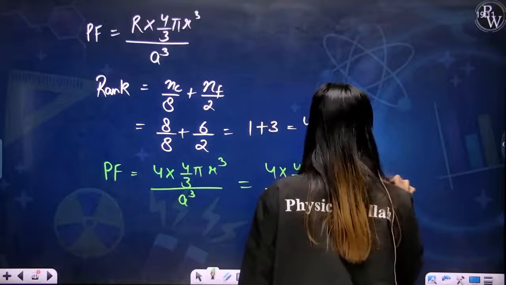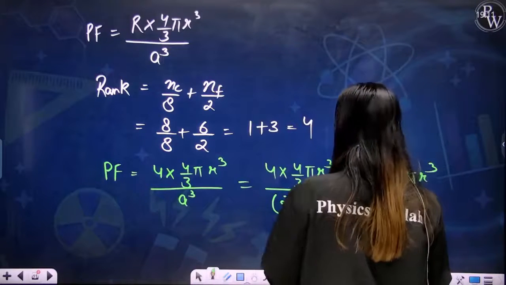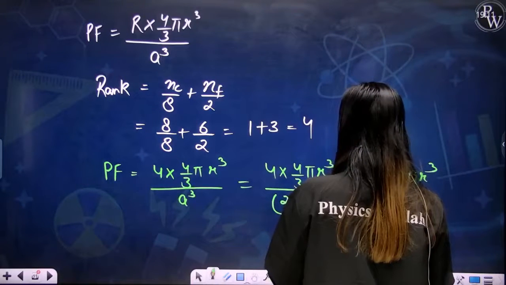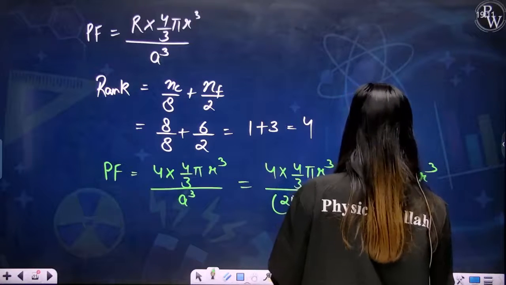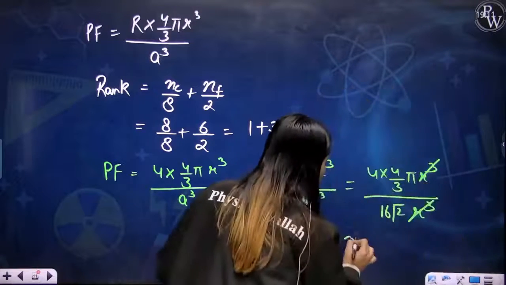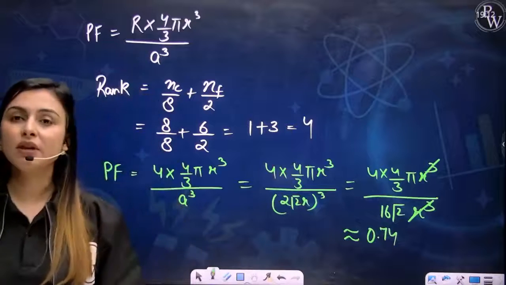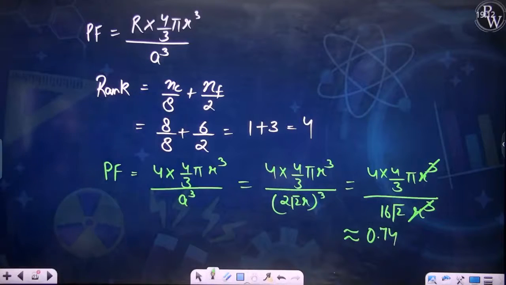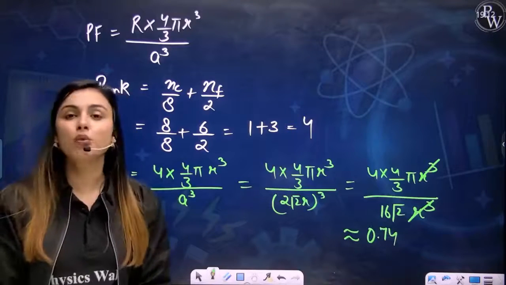This would be 4 into 4 by 3 pi R cube upon 2 to 4, 4 to 8, 8 into 2, 16, 16 root 2 R cube. R cube will be cancelled and this value will come out to be approximately equal to 0.74. So the packing fraction for a face-centered unit cell comes out to be 0.74.